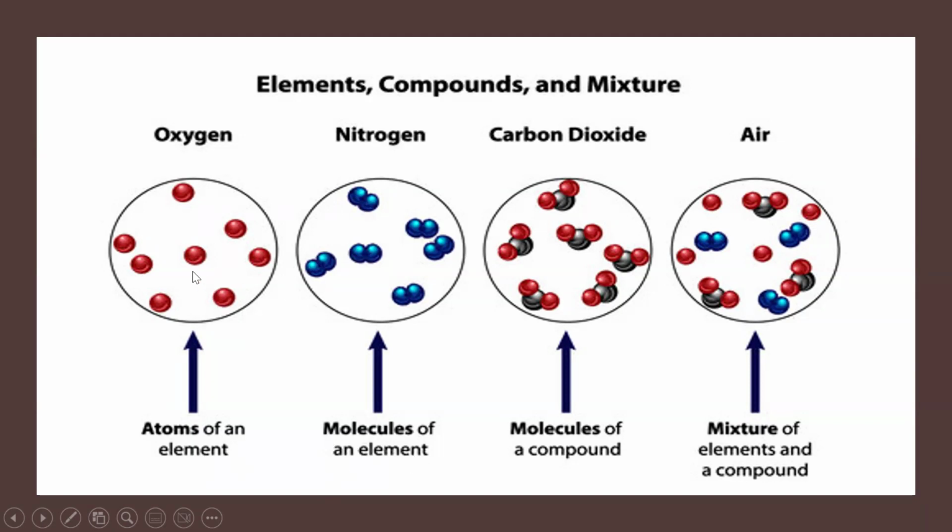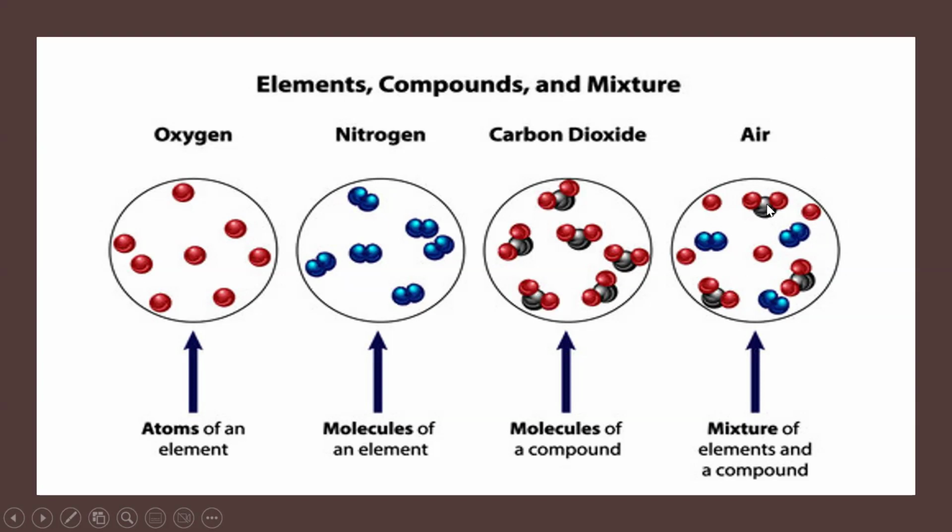Here only one oxygen is present, so this is called an atom. Here two nitrogens are present, more than one atom combined together, so we call it a molecule. These both are elements, but here it is a compound because oxygen is combined with carbon.